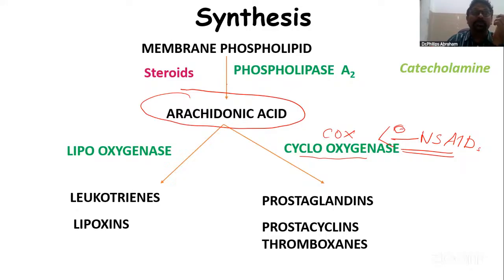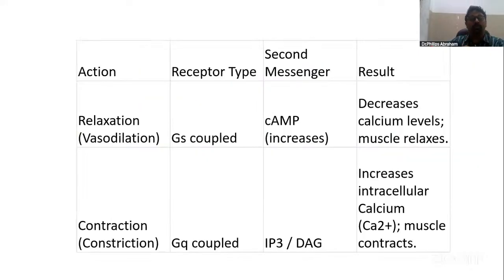Some help in smooth muscle relaxation. That's through cyclic AMP. Some help in relaxation by decreasing calcium level through the increase in cyclic AMP. But some help in contraction or constriction. Again, it's G protein coupled only. Their second messengers are IP3 and DAG, diacylglycerol.